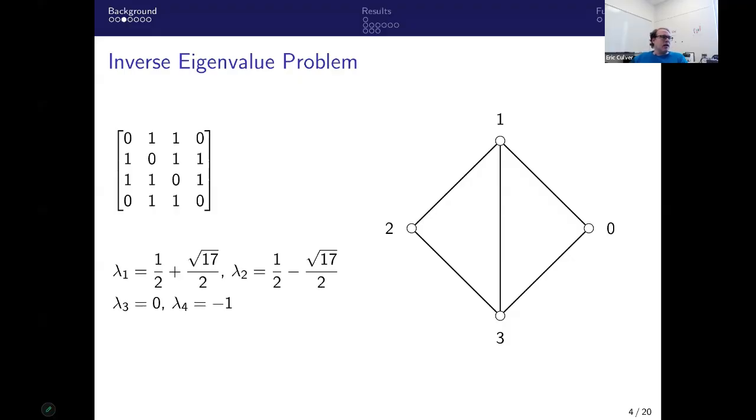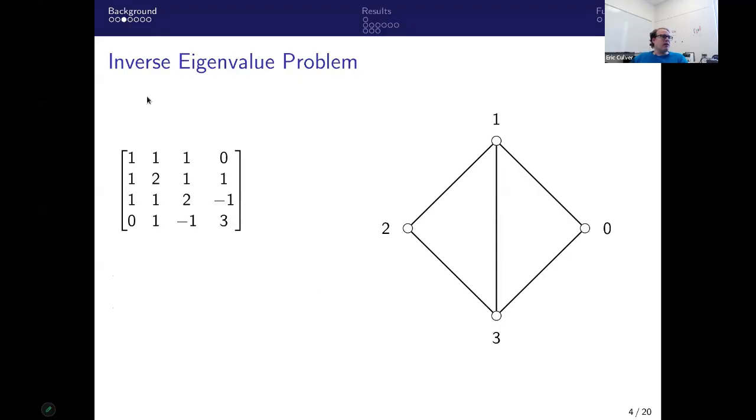So here is a different matrix that follows the same pattern. It's still a symmetric matrix. It still has those zeros in the corners. And again, the diagonal can be whatever. But this matrix has only 2 distinct eigenvalues.